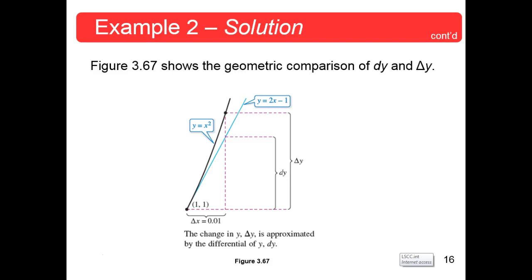So there's your dy, the 0.02, and here was your actual change of y. F of x at 1.01, that would be that value, 1.0102, and then this would have been your 1.0201, and this would be 1.02.